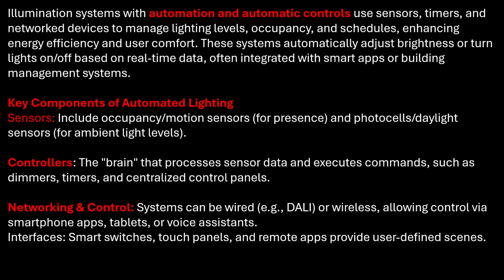These systems automatically adjust brightness or turn lights on or off based on real-time data, often integrated with smart applications or building management systems. The key components of automated lighting: we have sensors, which include occupancy motion sensors and photocells, daylight sensors for ambient light level.